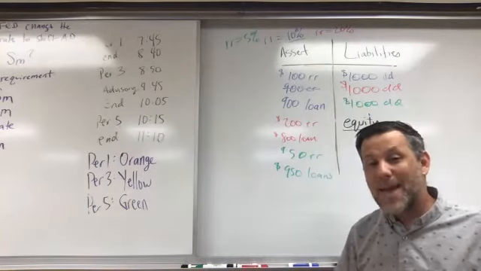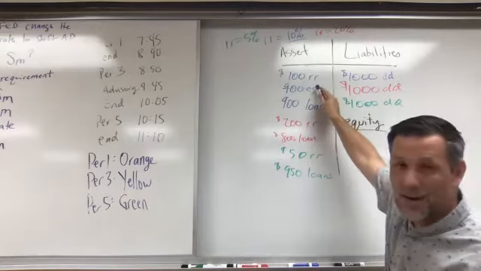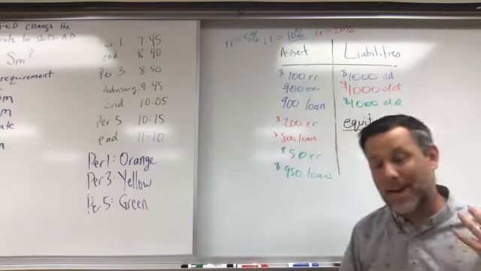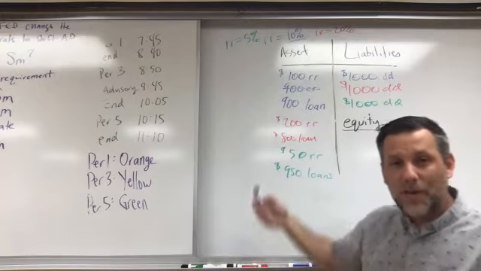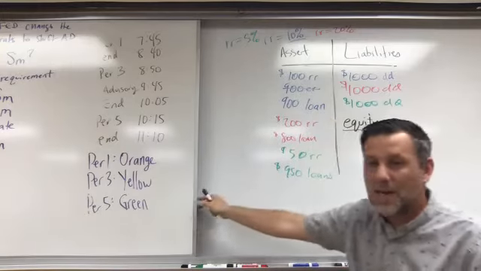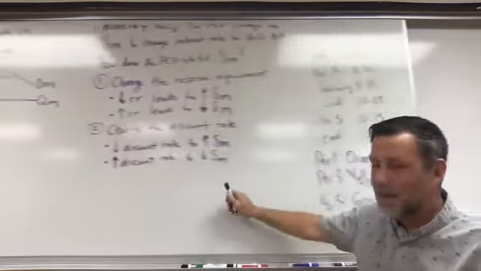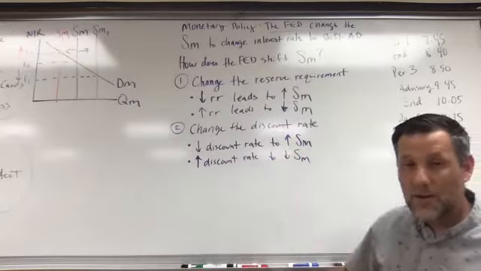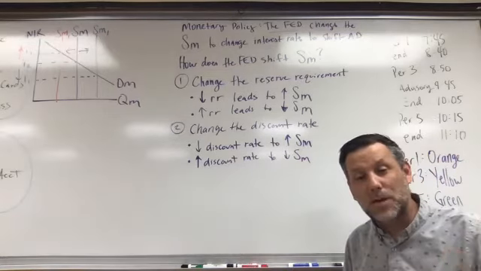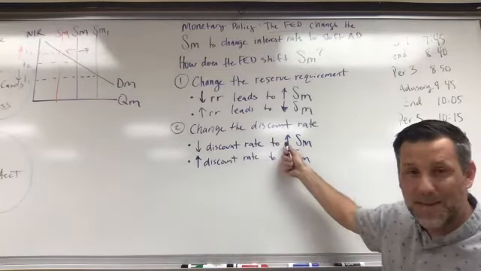So banks end up holding on to excess reserves during economic crises. They end up hoarding their reserves because they're afraid people are going to come in to get their deposits. That's where the Fed can step in and say, we're going to lower the discount rate really low. So banks, if you need to borrow money, you can get it from us basically for free.